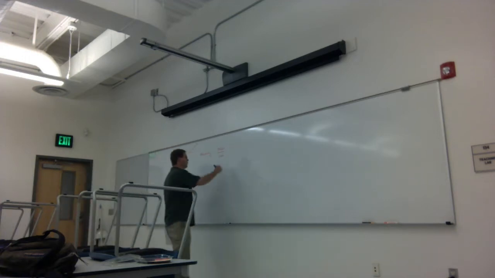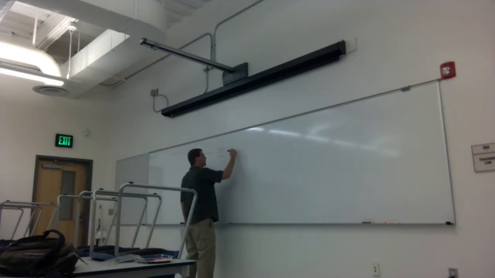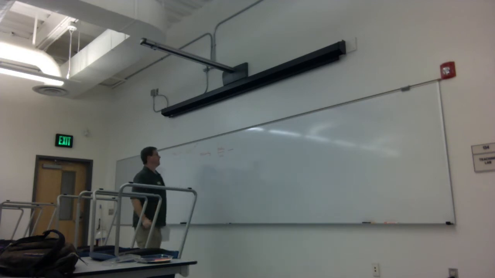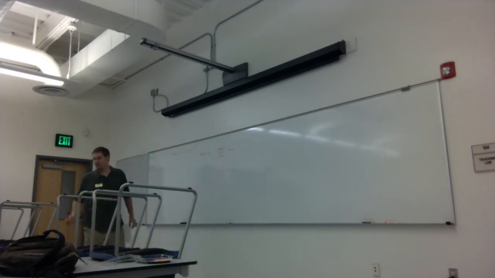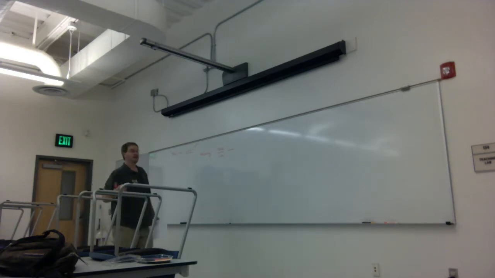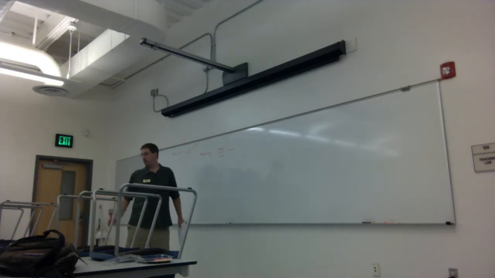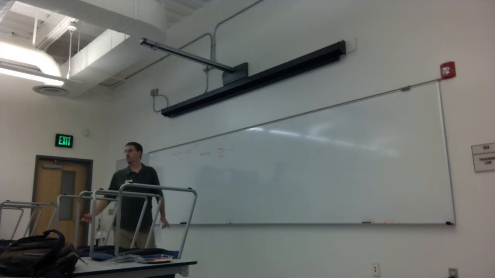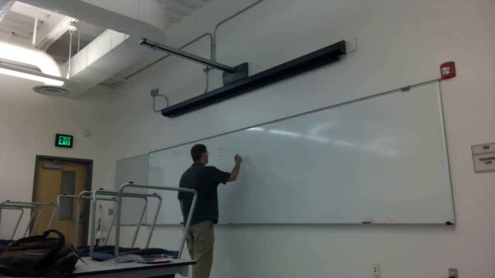Okay, so I have 1 mole per liter, but remember when we talked about it, a mole is kind of a big number, isn't it? So what we can do is break that down into a millimole, which is 1,000th of a mole. You guys remember that? A millimole is 1,000th of a mole.